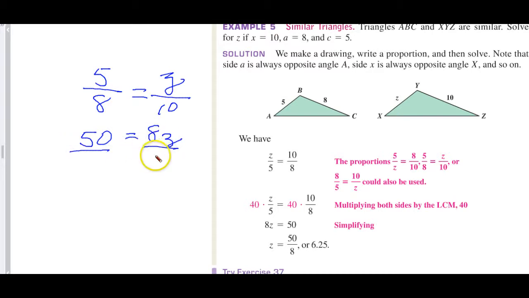Divide both sides by 8 and we get Z equals 25 fourths, which is what they have right here. 50 divided by 8, or they're giving it to us as a decimal fraction. Now 4 will go into there 6 times, and 1/4, which is 6.25. Okay.